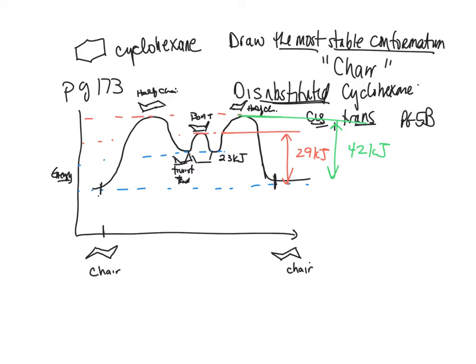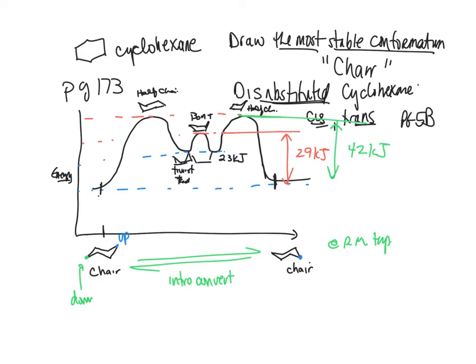Okay, so what does that mean? That means at room temperature, the chair can interconvert. So this is equilibrium arrows, and they convert. So this part that's down, you see how this carbon is down, and this carbon is up.